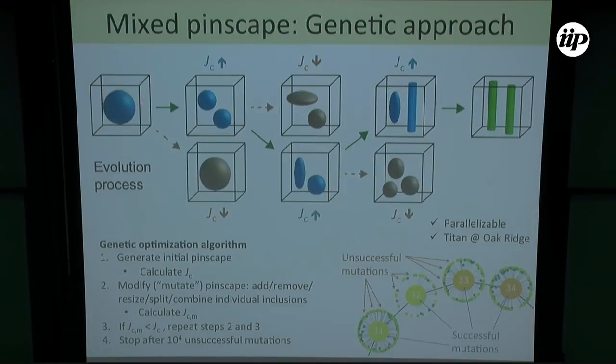We start with some landscape, then we make some random modifications or mutations in this landscape, and if this mutation increases the critical current, we accept the change. If not, we discard it. Then we repeat this procedure several times. So here is some idea of this algorithm.